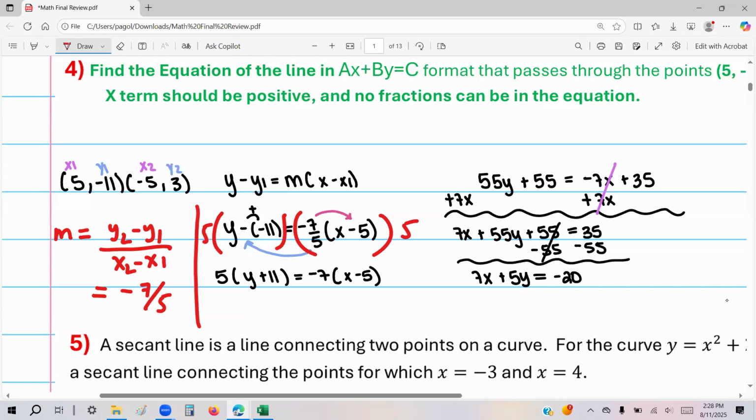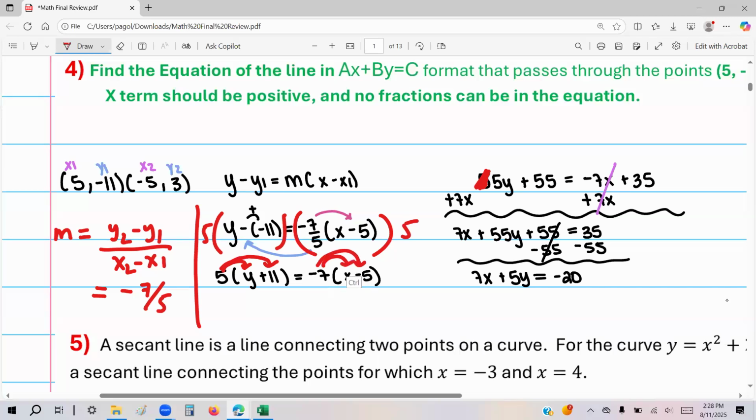Where did the 55 come from? In the next step, you distribute: 5 times y is 5y. So yeah, it's not 55, it's 5y. And then 5 times 11 is 55. On this side, negative 7 times x is negative 7x.